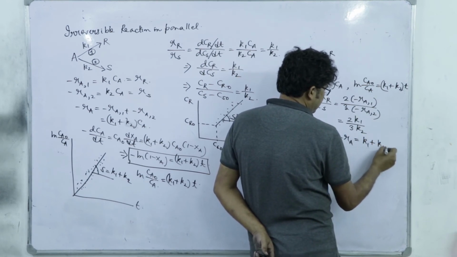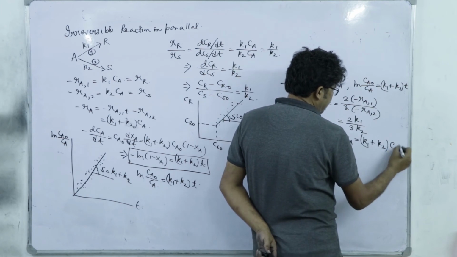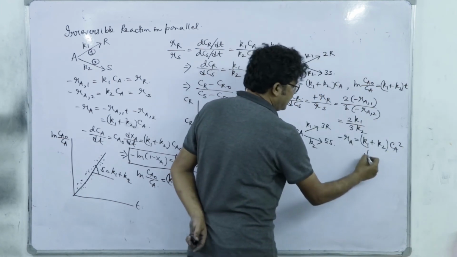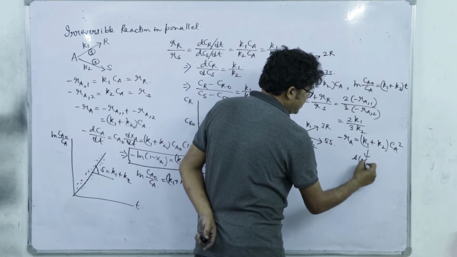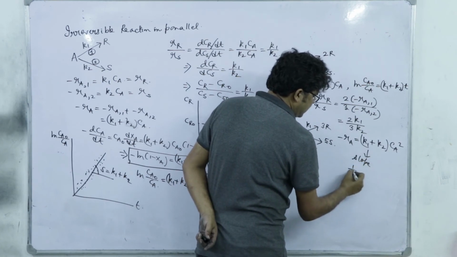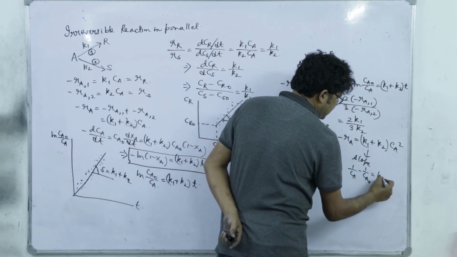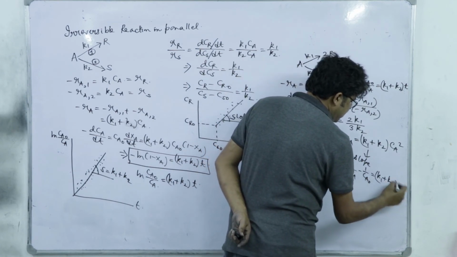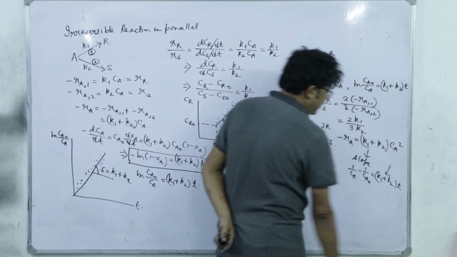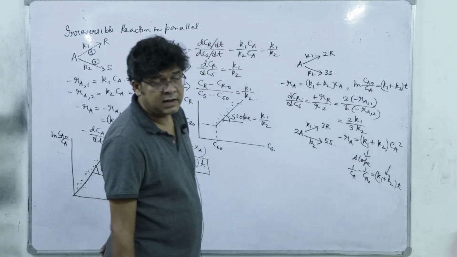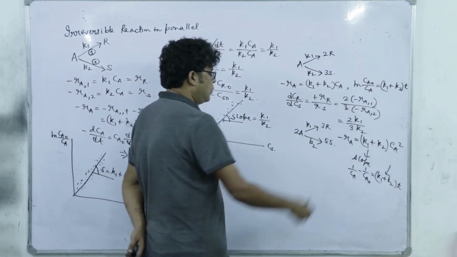(K1 plus K2) CA square. So from here we have to get the slope, that is 1 by CA minus 1 by CA0 is equal to (K1 plus K2) whole bracket t. So from the graph of 1 by CA versus t, we have to get the slope of this.